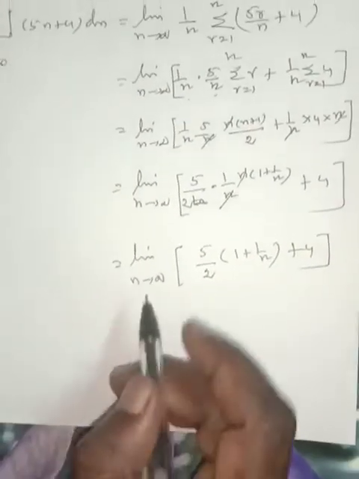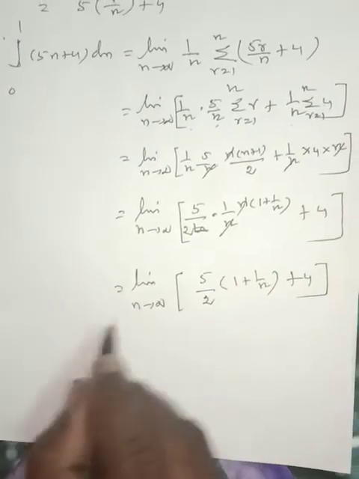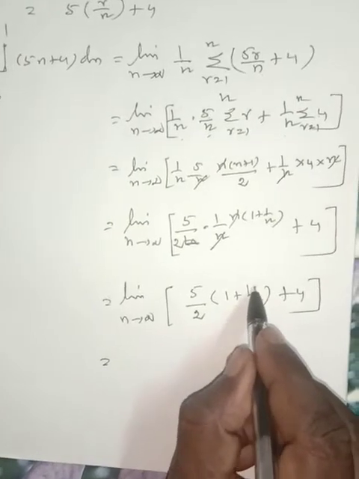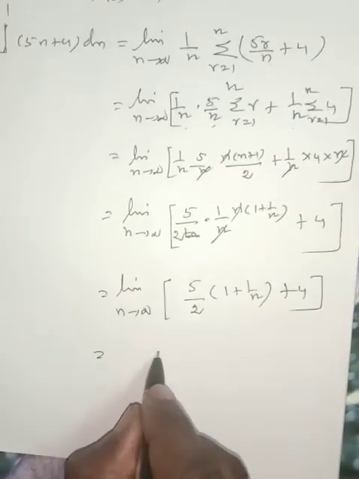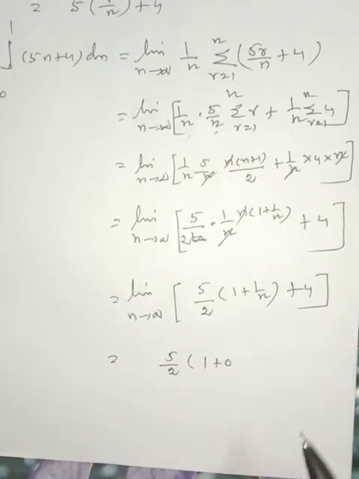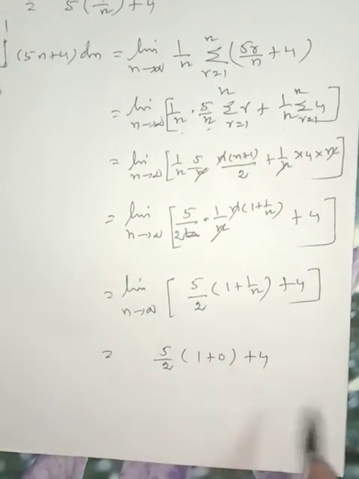is equal to, applying limit n tending to infinity, 1 by infinity is 0. Therefore 5 by 2 into (1 plus 0) plus 4.